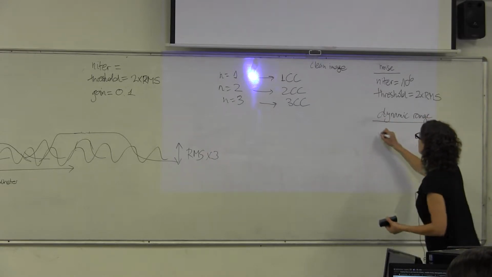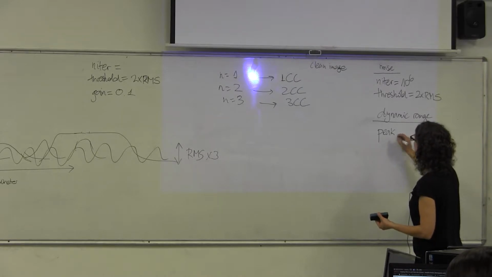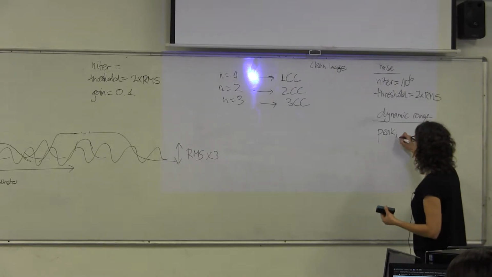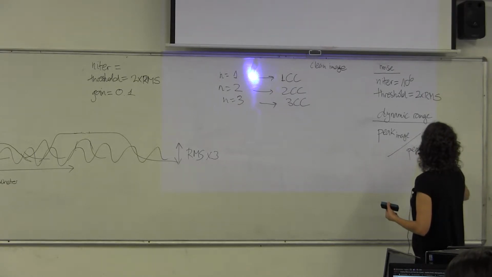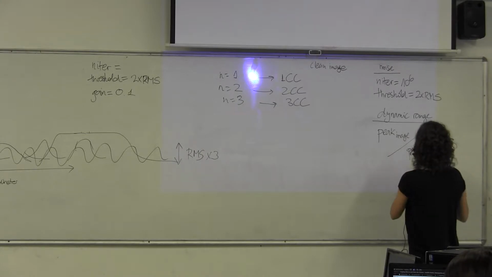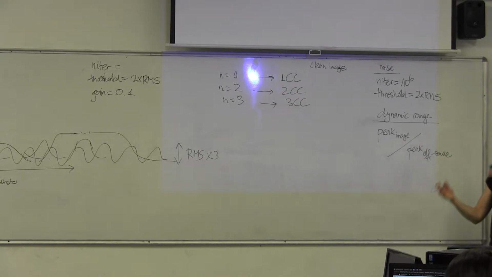The dynamic range is basically the ratio between the brightest point in your image and the peak in your off-source image. So the peak of the brightest point and the noisy area.